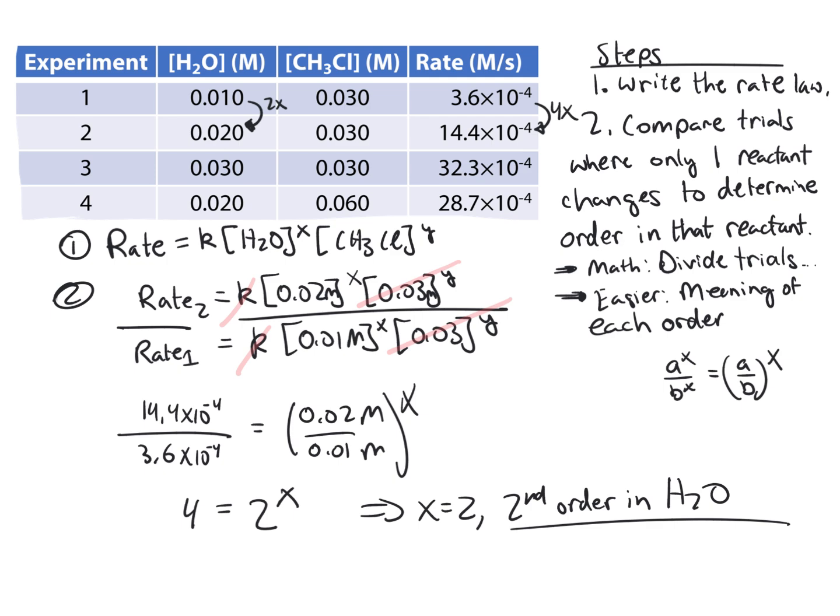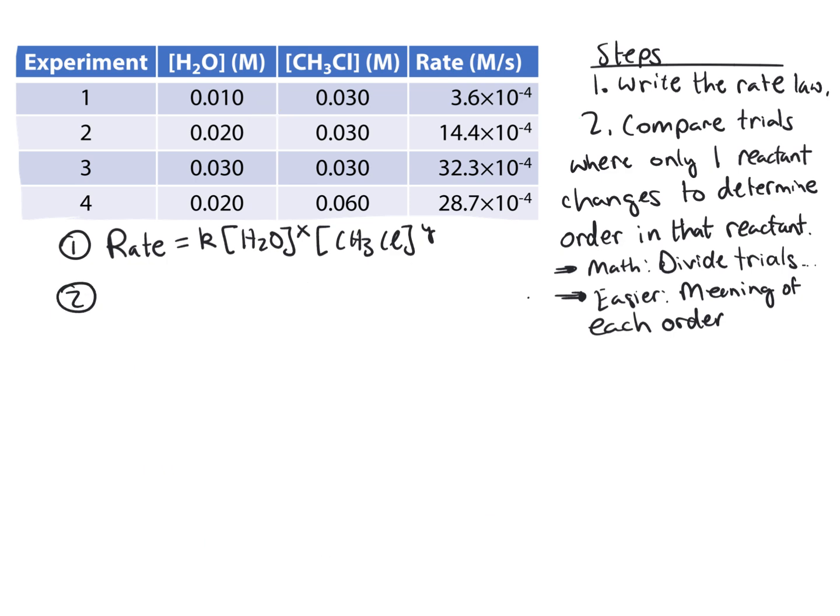So again, you can skip right to this. If I just highlight which number is where in this equation, that factor of 4, that's the rate factor. The shorthand I would use is that the rate factor, taking the ratio of the rates, is equal to the concentration factor to the order.